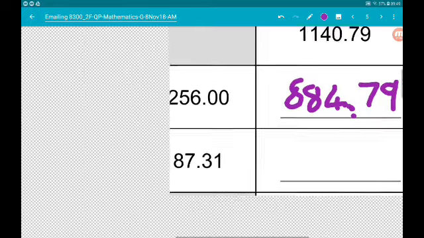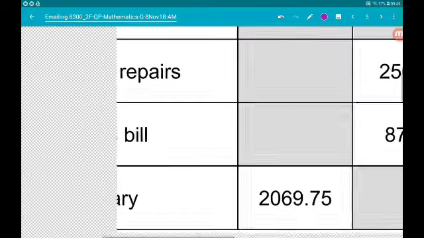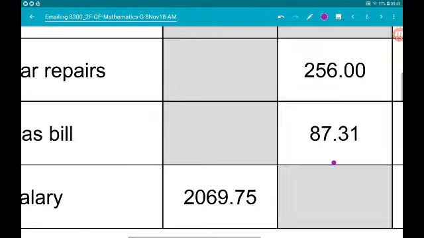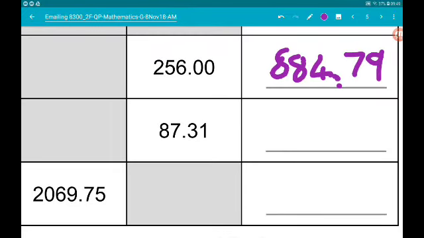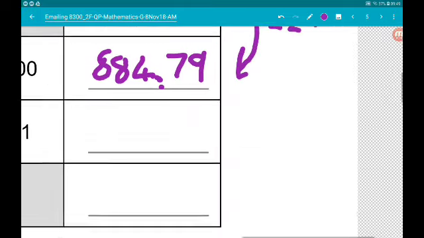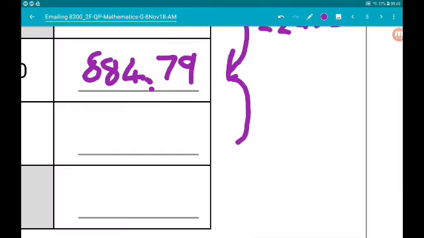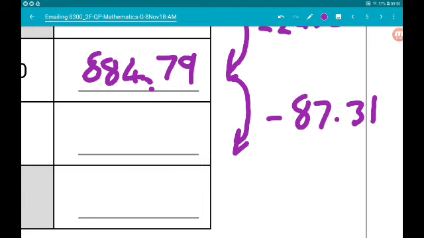Okay, then the next thing is another debit. So this time it's the gas bill. So that's 87.31. So now we subtract 87.31. Now that leaves us with 797.48.